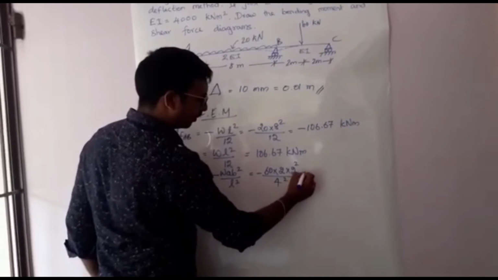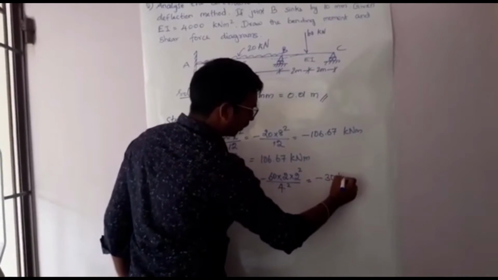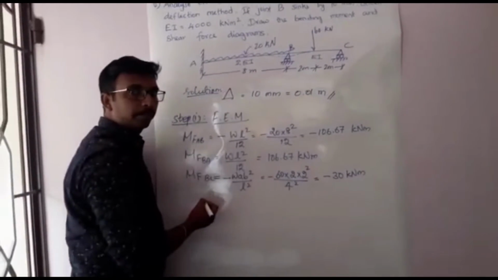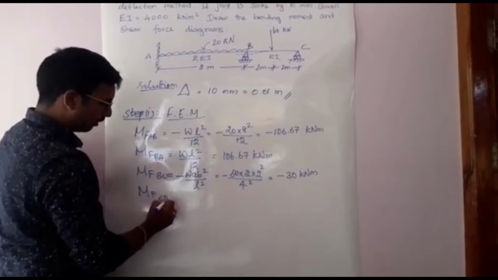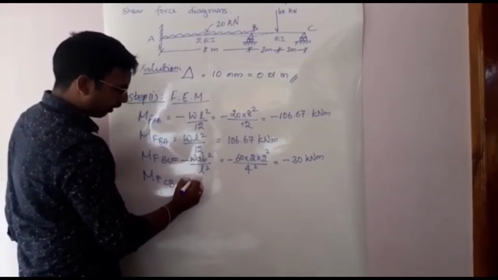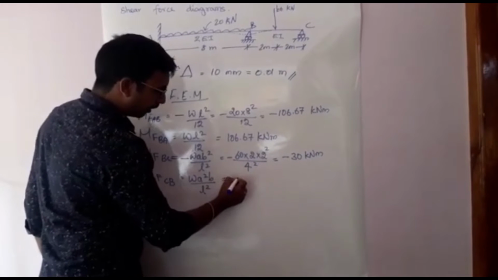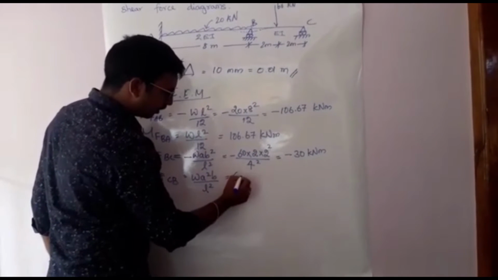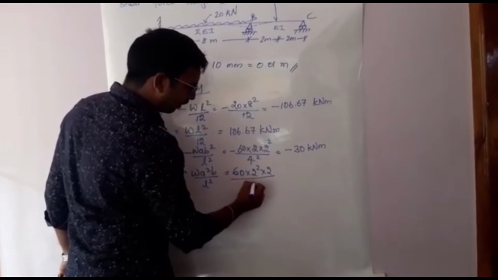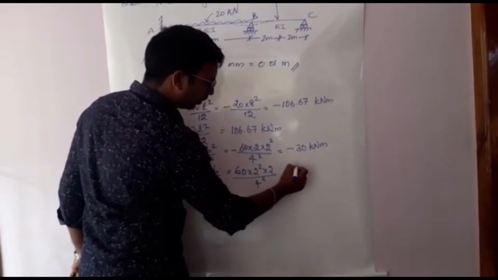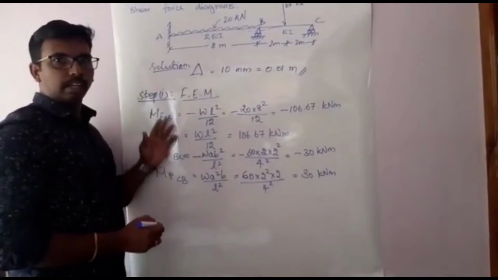You will get the answer minus 30 kilonewton meter. Then M of CB is W a square b by L square, which is 60 into 2 square into 2 divided by 4 square. You will also get 30 kilonewton meter. This is the usual procedure.